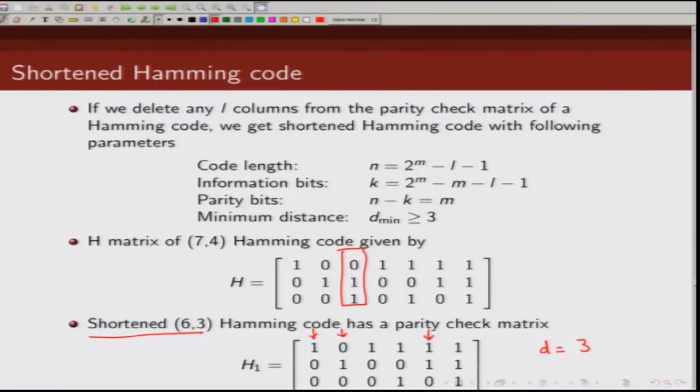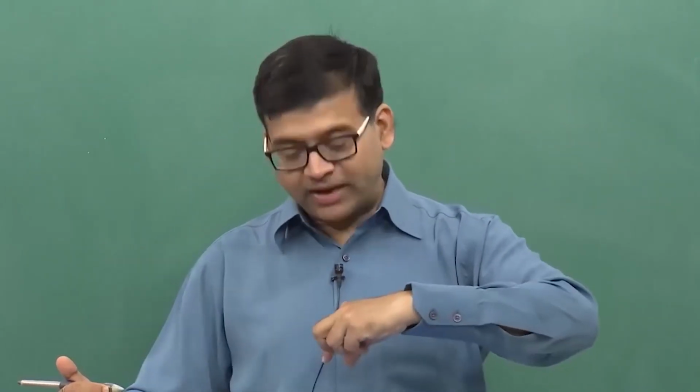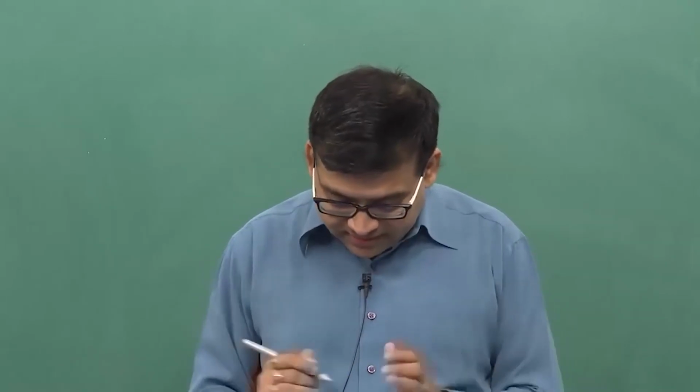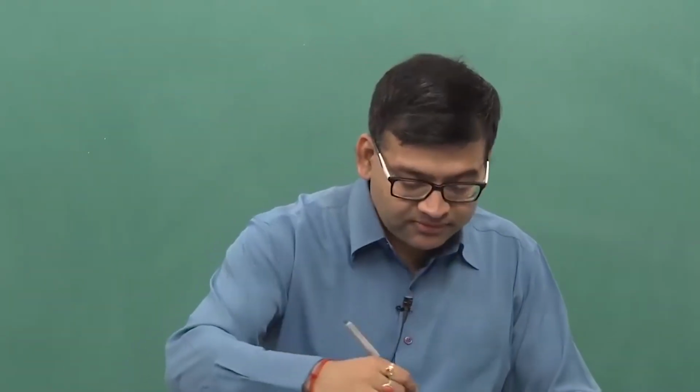So, the minimum distance is still 3 for this code. So, whenever you want a shortened code, make sure you remove those columns in a judicious way, so that potentially you can increase the minimum distance. In this particular example, if I delete one column, I cannot increase the minimum distance, but if I delete more columns from this parity check matrix, I can potentially increase the minimum distance of the code.